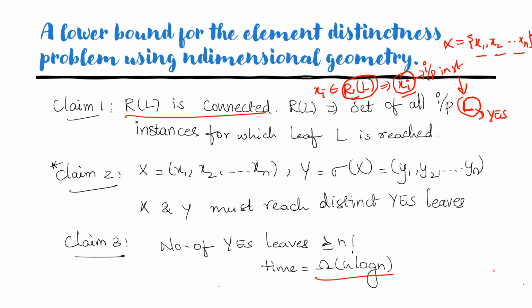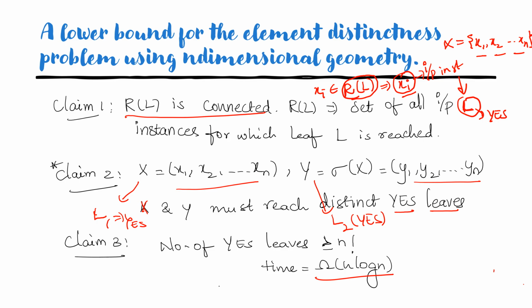My second claim. There is a point x, again an n-dimensional point, and y is a permutation of x. So it will have y1, y2 and so on, yn. So these are 2 points. I have to show that x and y reach different s leaves. That means x will reach a leaf L1 which will give an s, and y will reach L2 which will give an s again.